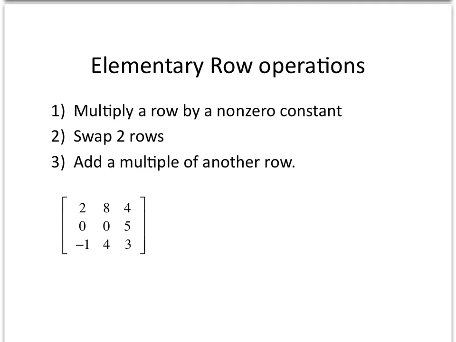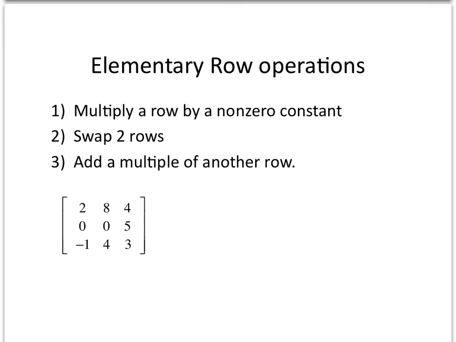So there are three elementary row operations that we'll use in order to put things in reduced echelon form. First, we're allowed to multiply a row by a non-zero constant. So if for some reason, and you'll see the reasons why very soon, I choose to, I can multiply any one of the rows by a non-zero constant.